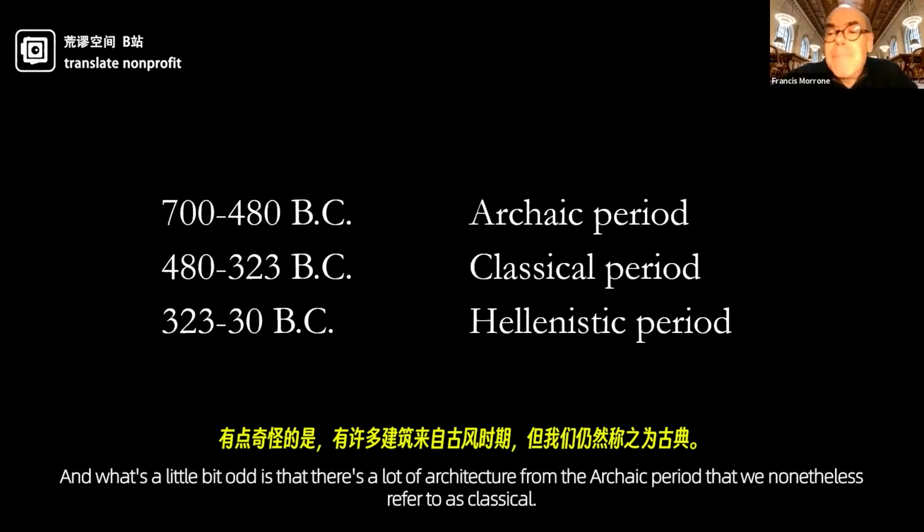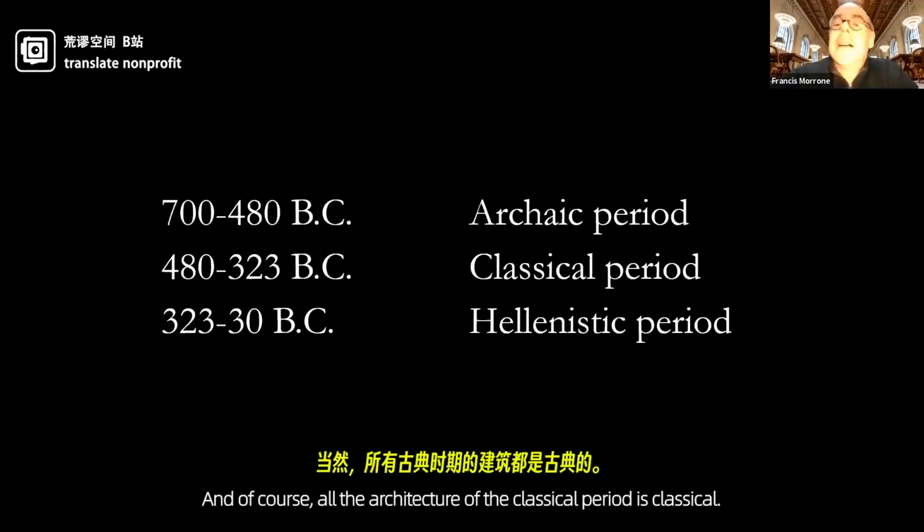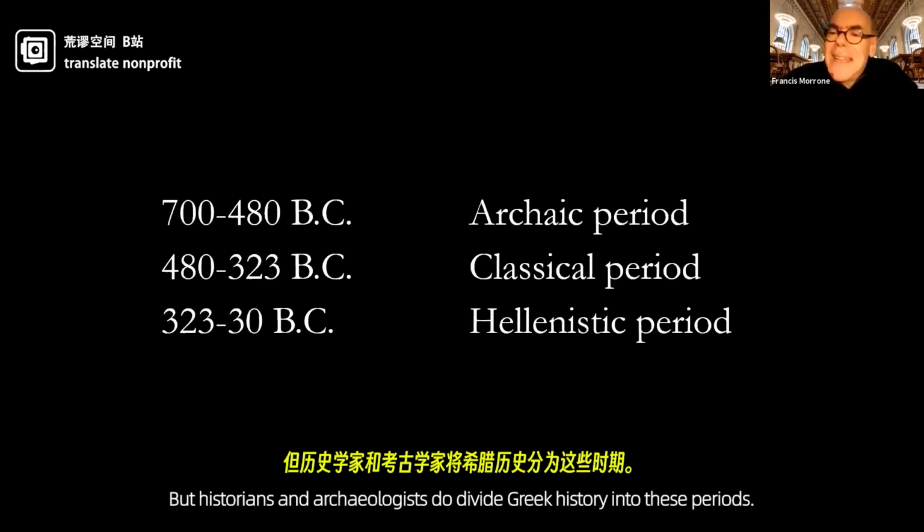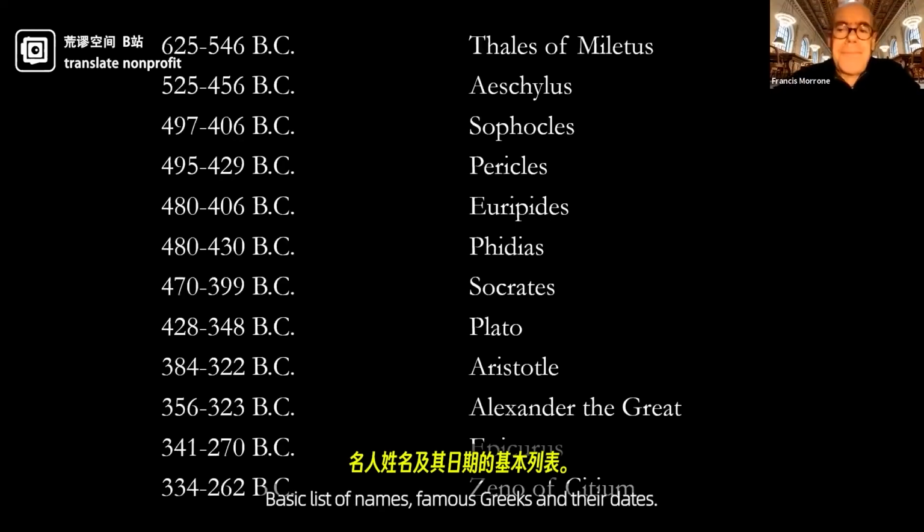And what's a little bit odd is that there's a lot of architecture from the Archaic period that we nonetheless refer to as classical. And of course, all the architecture of the classical period is classical, and then the period that follows upon that, the Hellenistic period, is also classical. But historians and archaeologists do divide Greek history into these periods.